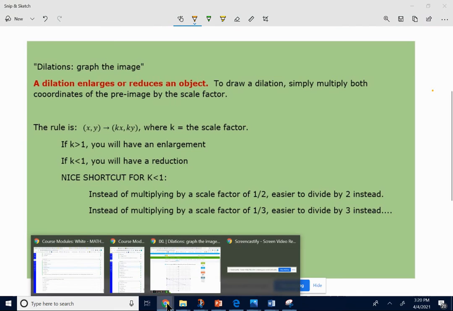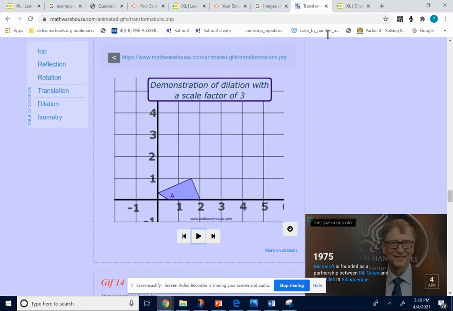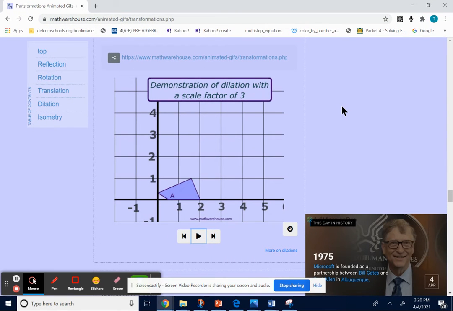I'm going to show you a few things. Here's an image of a dilation. Here's my original shape, and then there it's dilated. This says it has a scale factor of 3. I know it's not really easy to see, but this right here should have been (0, 1/3).